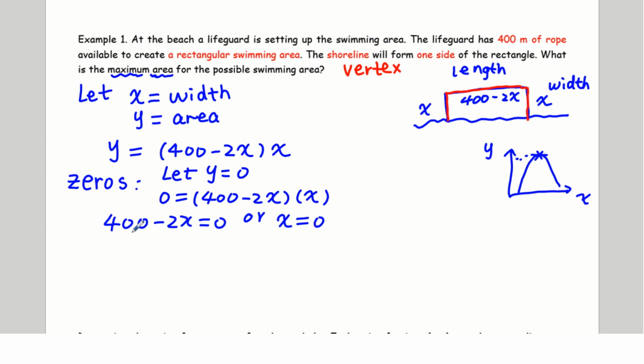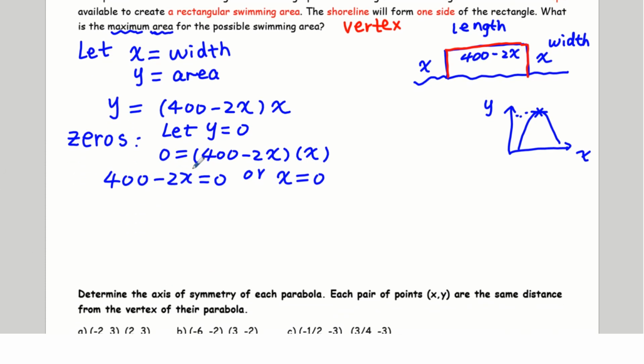So we solve 400 minus 2x equals 0: move the x term to one side and the numbers to the other side. Then to solve for x, move the 2 to the other side by doing the opposite operation, division. We have x equals 200.